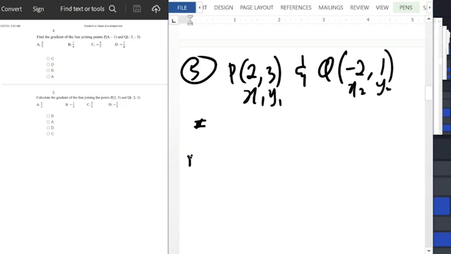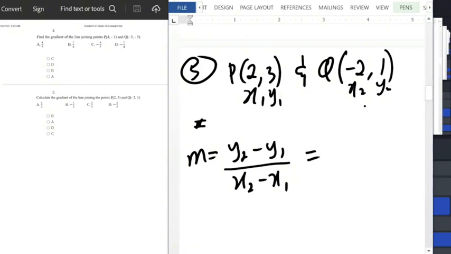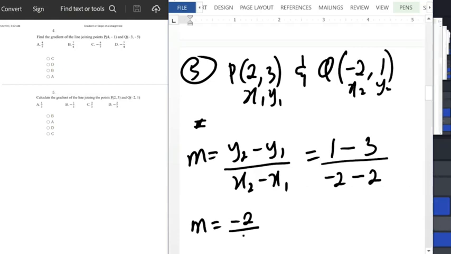So m, which is the gradient, is y2 minus y1 divided by x2 minus x1. This will be y2, which is 1, minus y1, which is 3, divided by x2, which is -2, minus x1, which is 2. So in this case, our gradient will then be 1 minus 3, which is -2, and then -2 minus 2 is -4. So minus cancels minus, that is 1 all over 2. 1 all over 2, that is option A as well.